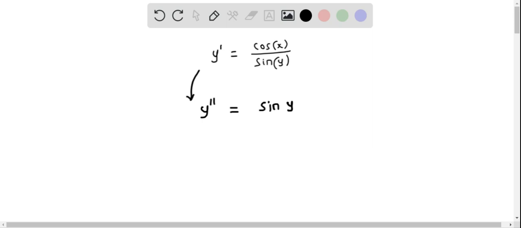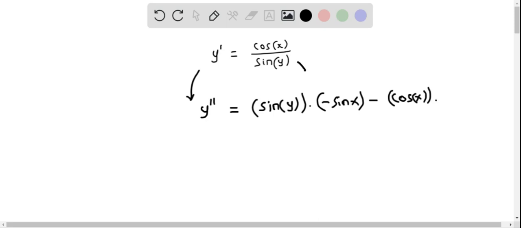as it is, that is sine of y times the derivative of the numerator function, that is the derivative of cosine of x, which is negative sine x, and then I put negative. Now I consider the numerator function. I put cosine of x times the derivative of the denominator function, which is sine y.